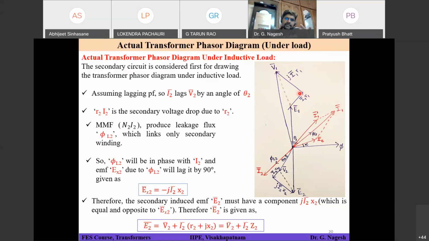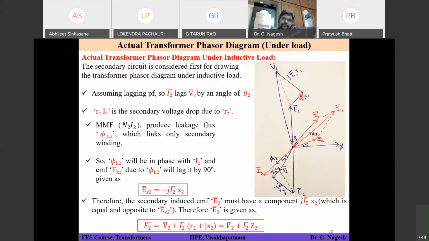It will be in phase with your current I1, because for a resistive load, the voltage and the current are in phase, as the power factor angle is unity. So I1 into R1 and I1 are parallel to each other.